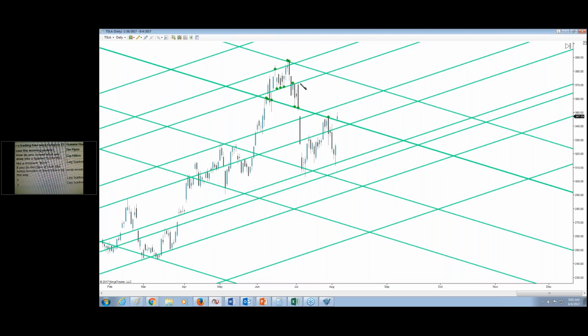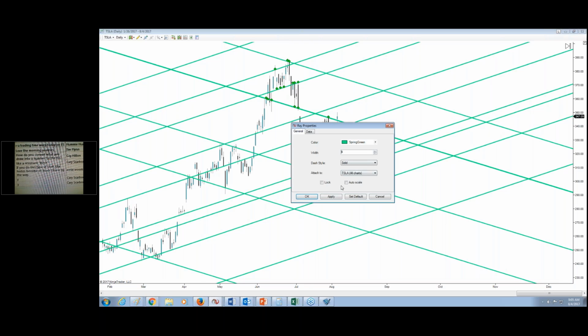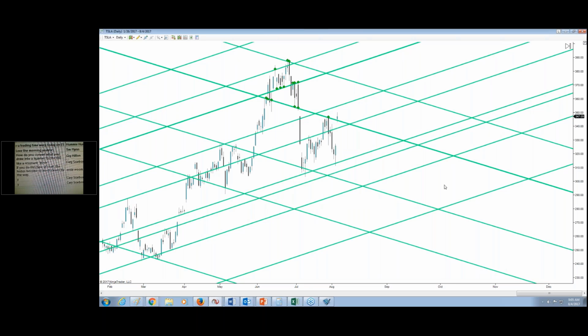There are a total of 5 reactions along that resonant angle line. So this one is valid. Okay, this one here, I'm going to put it, and I want you ladies to look at what's happening along this line.